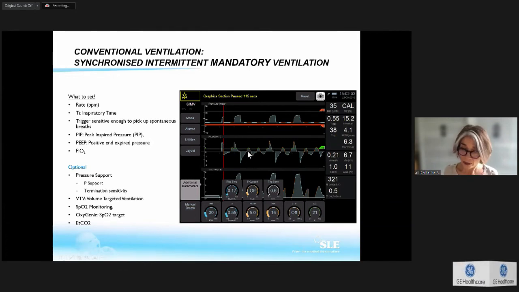But be extra careful at the same time, because when you look here, what is happening is your patient is taking some spontaneous breaths, and here he doesn't have any help from the ventilator. So it means that the work of breathing, having to suck a breath through the ET tube, might be quite high. Okay, here.